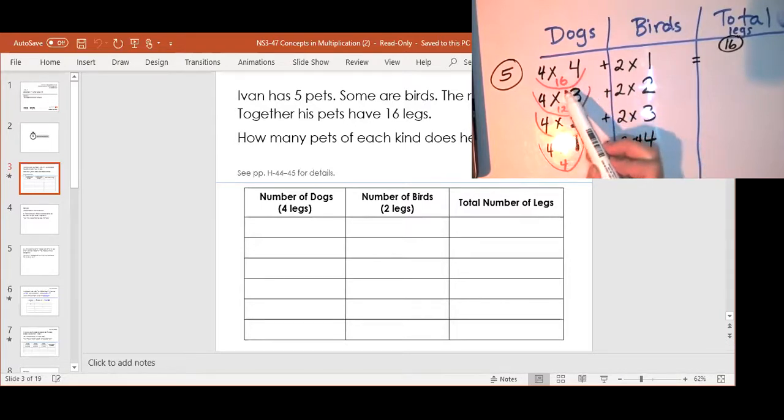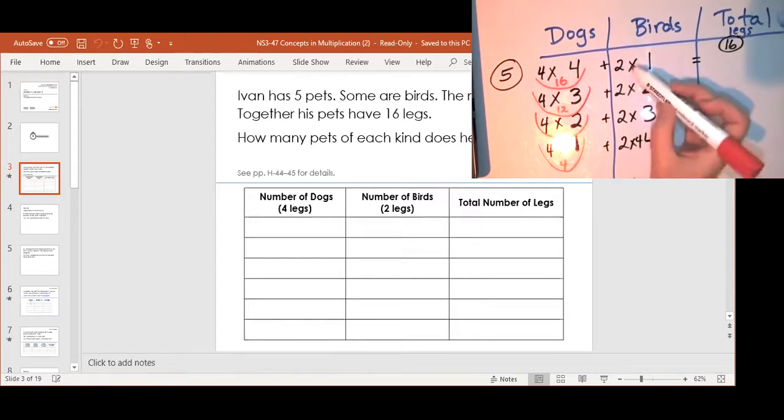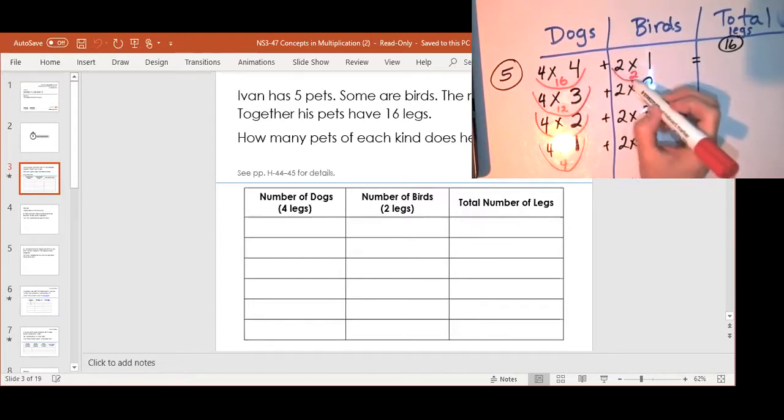Now, right away, the whole number of legs I can have is 16. And right away, if he has 4 dogs, he has 16 legs. And that's not counting anything from the birds. So that's already going to be too big, because if he has 1 bird, that's going to be another 2 legs.